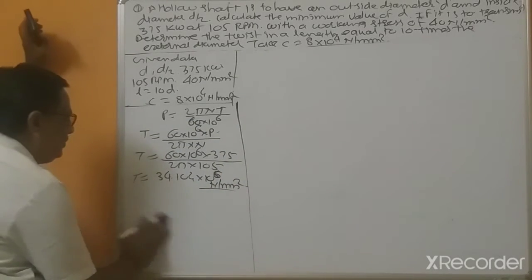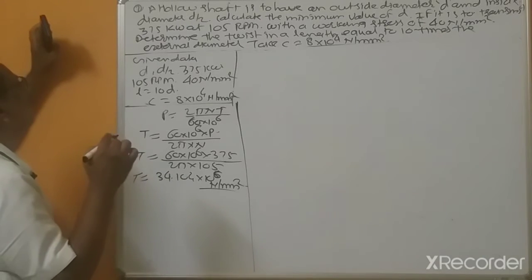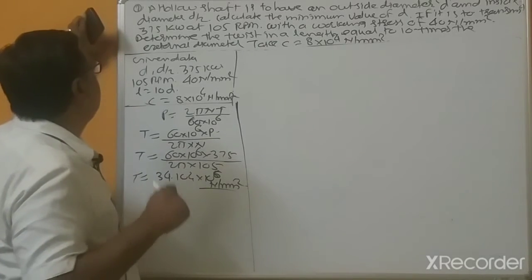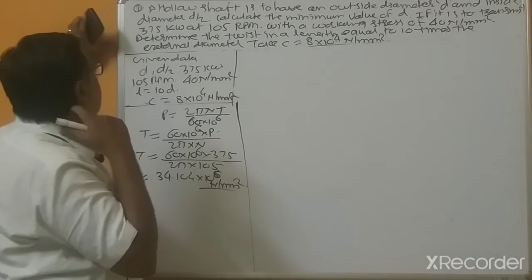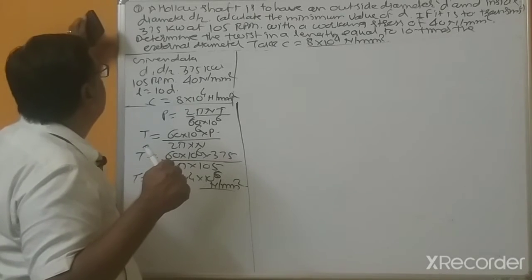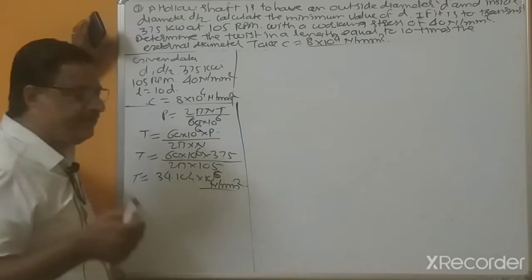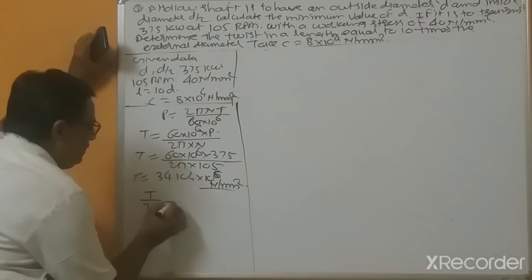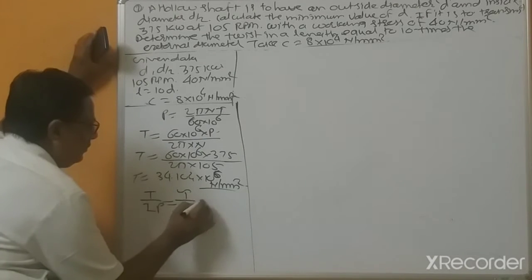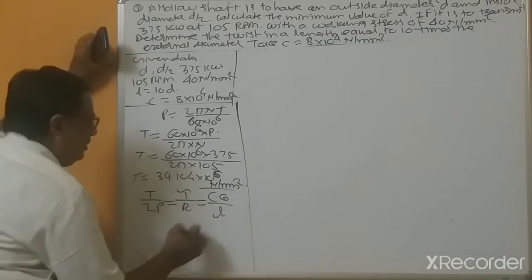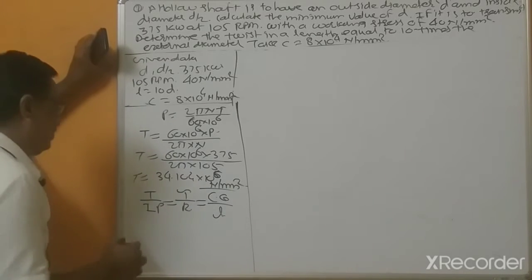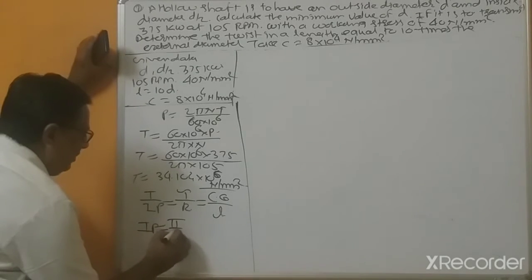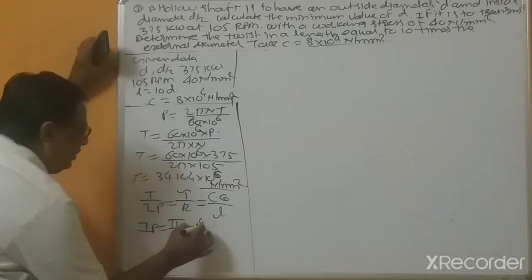So again, this is to be calculated with the working stress of 40 Newton per mm square. Determine the twist in a length. So first design the diameters. Again we have to use these relations: C theta by L. Polar moment of inertia IP equals pi by 32 d raised to 4.